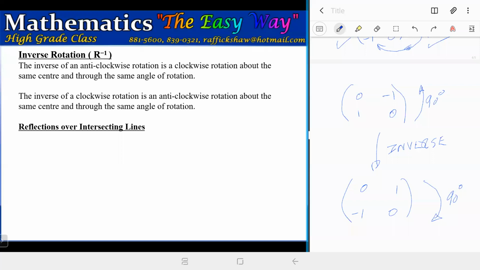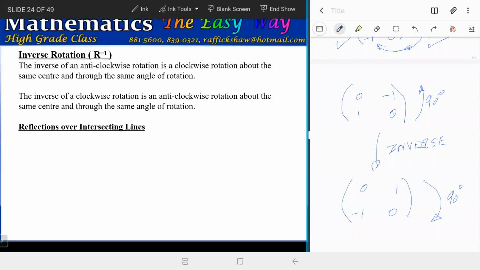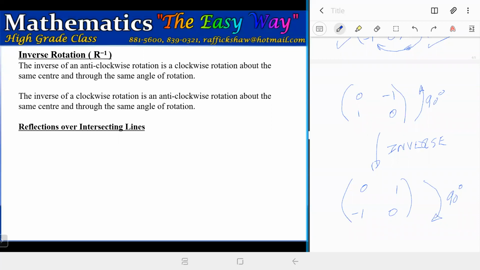So 2 reflections over intersecting lines is actually equivalent to a rotation. Rotation takes place about the point of intersection of the 2 lines, and I want you to add something to this slide now.